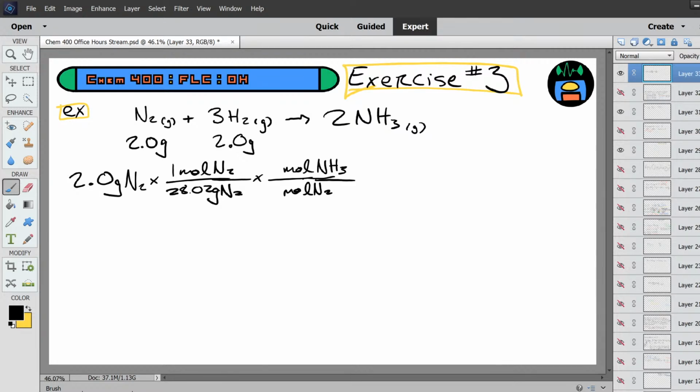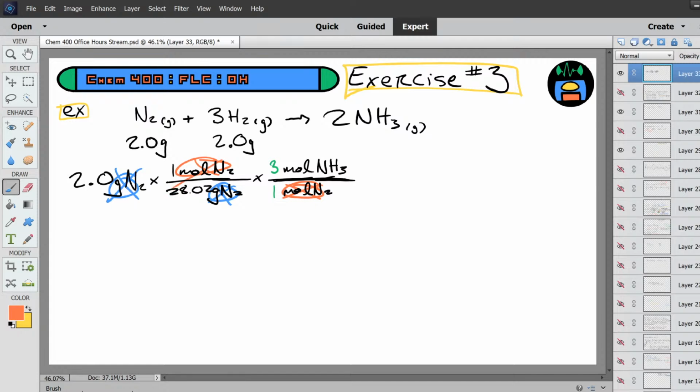In this problem, we're not actually interested in the grams of ammonia formed, so we can just stop at moles. No reason to do more work than is needed. Grams of nitrogen cancel grams of nitrogen. Moles of nitrogen cancel moles of nitrogen.